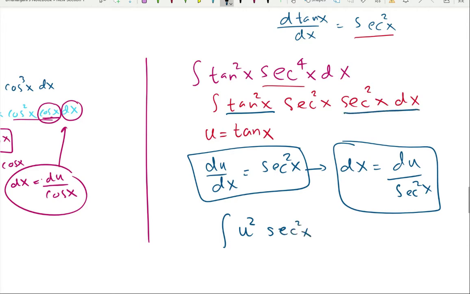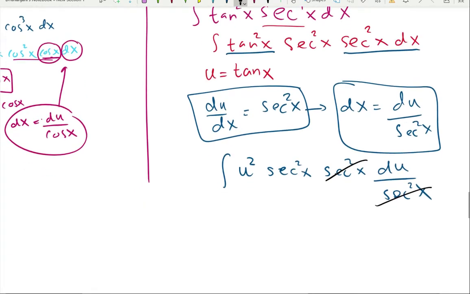And we have a secant square here, and dx is du over secant square. See, we got that cancellation just like in sine and cosine, but in these types of problems you cancel out a secant square. So you can see we are left with u square secant square x du.